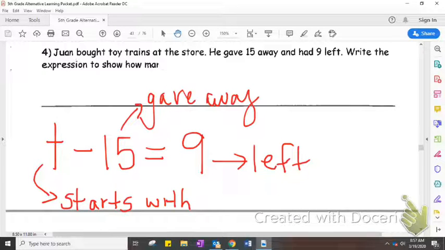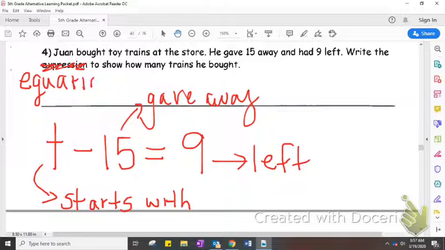Write the expression to show how many trains he had bought. Okay, this is actually an equation. T minus 15 equals 9. So this should say equation, and I'm sorry that it doesn't, because there's only one value for T that's possible.